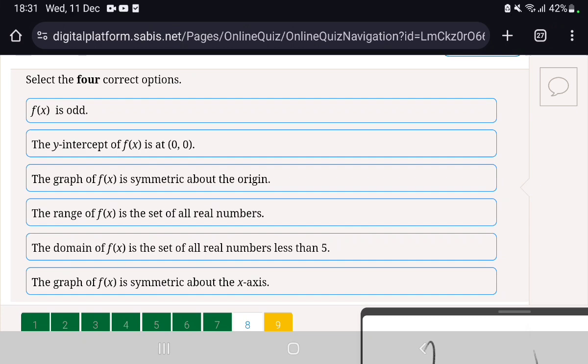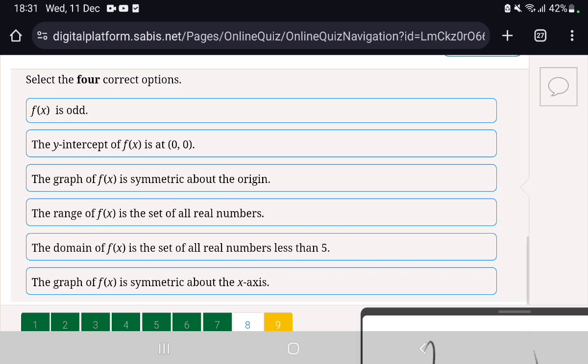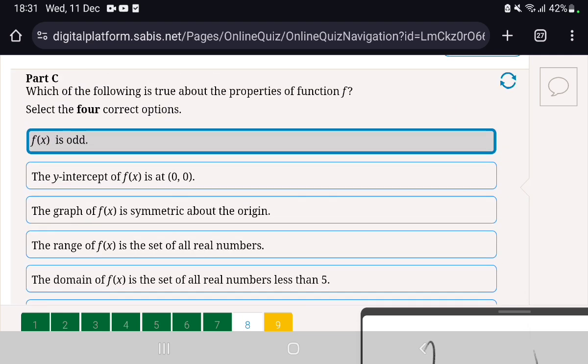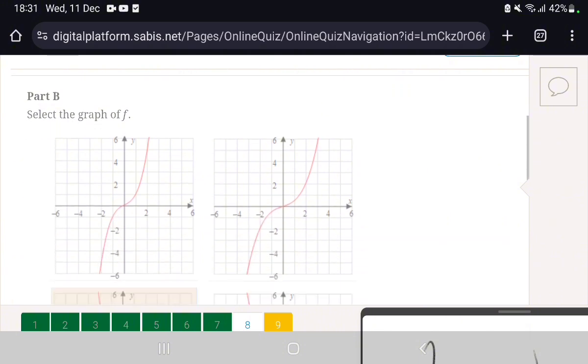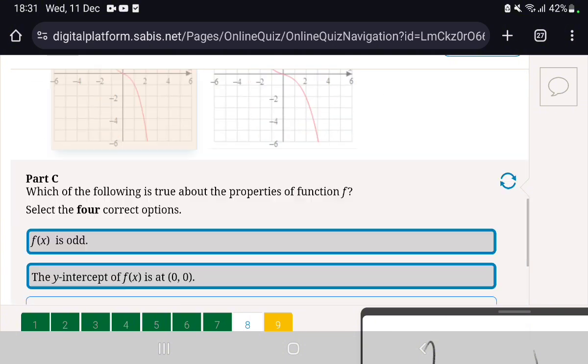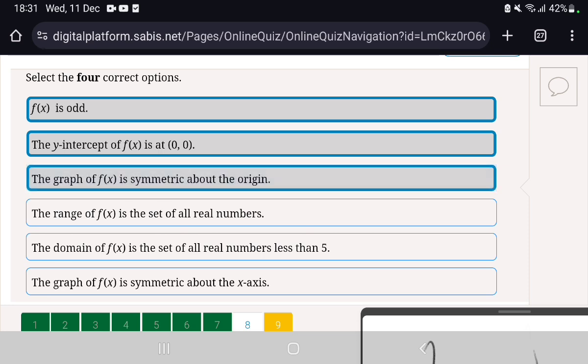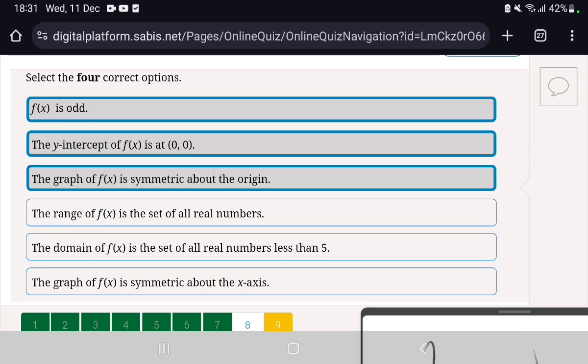Sorry guys, I forgot this last part of the question. So to find out if the equation is odd or even, we substitute by 1 and negative 1, and we found out here that it's odd. The y-intercept intercepts the y-axis at 0, 0. It is symmetric about the origin since it's odd, and the range is not the set of all real numbers.